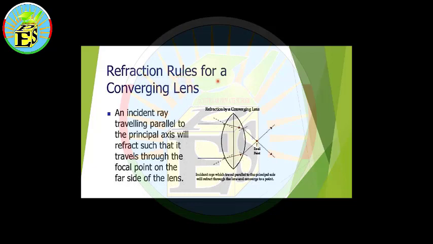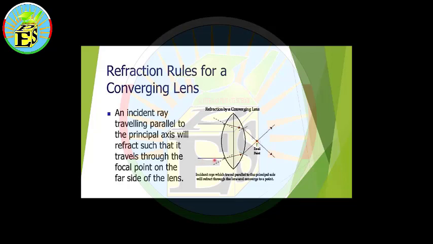Refraction rules for a converging lens. An incident ray traveling parallel to the principal axis will refract such that it travels through the focal point on the far side of the lens. This incident ray will be refracted and will pass through the focal point.